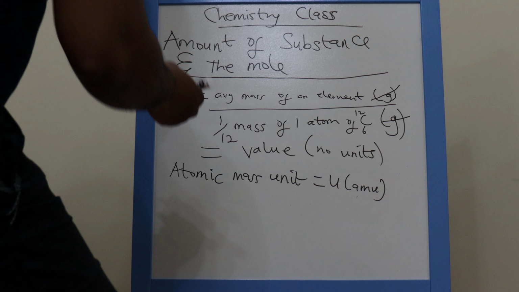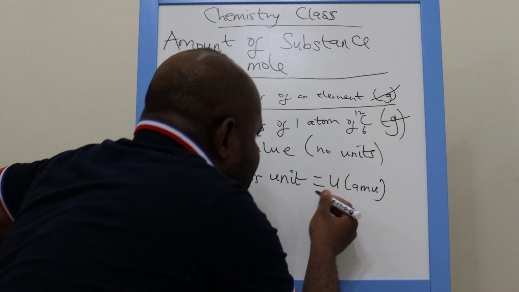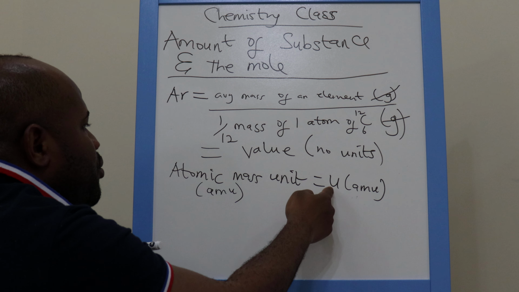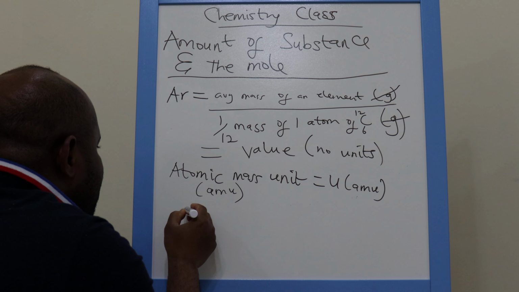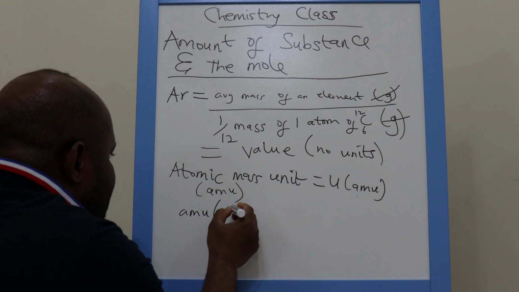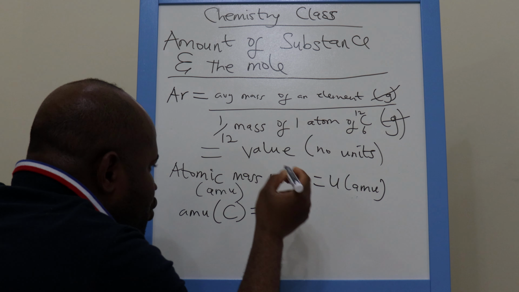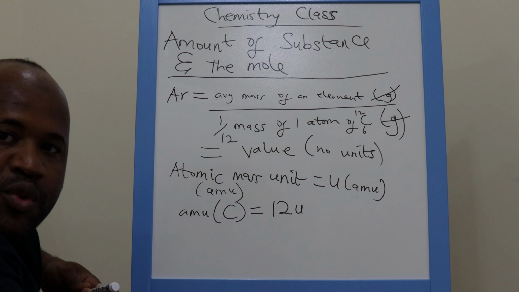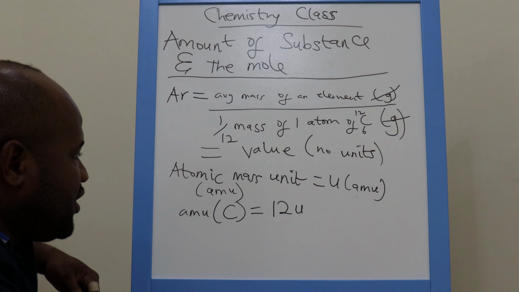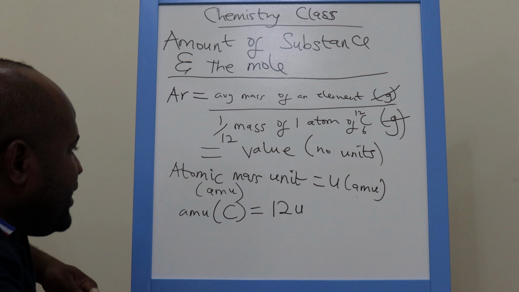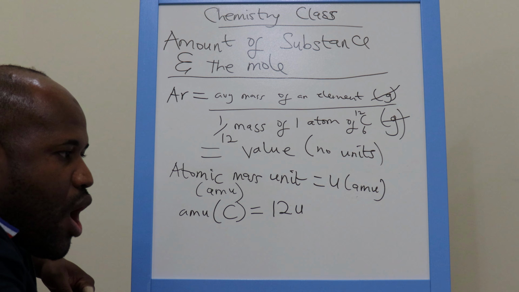So the atomic mass unit of carbon is equal to 12 mu, because carbon has a mass of 12 grams.